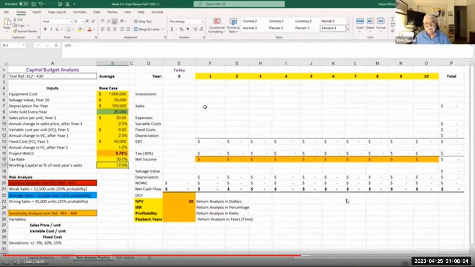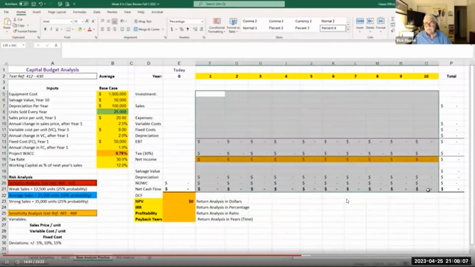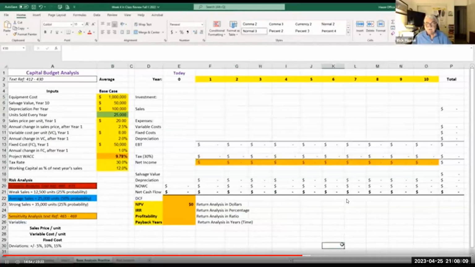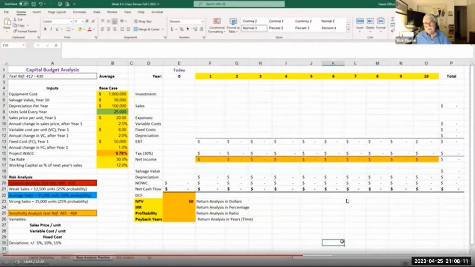Our job this week is to fill this in. I'd like you to try to do that during the course of the week. And then on Friday, I will walk through this and see if your work is the same as mine. We'll determine the net present value, internal rate of return, profitability index, and payback, all talked about in chapters 9 and 10.